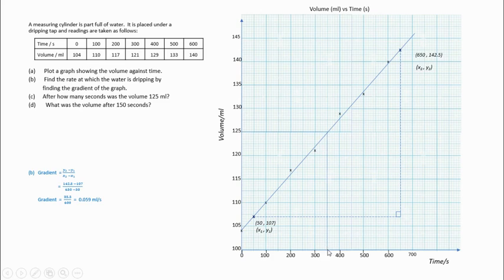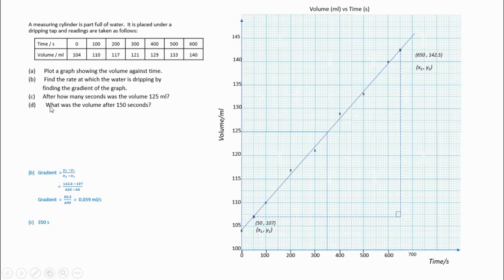At 125 milliliters, that corresponds to 350 seconds, reading from our scale here. So the answer for C is 350 seconds.